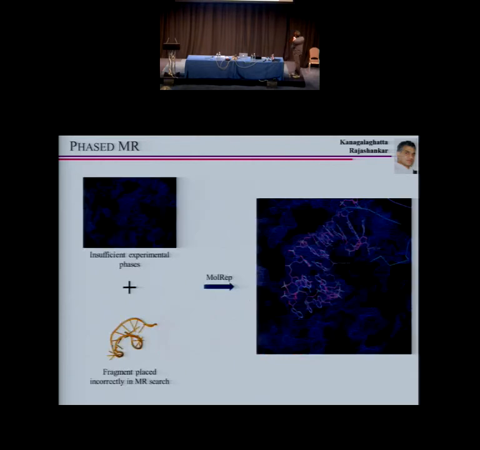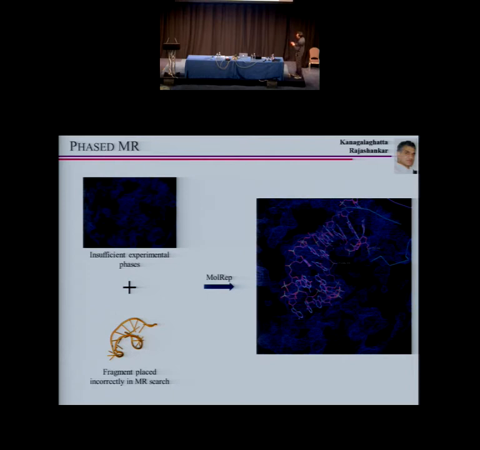And indeed, in collaboration with Raj, an excellent beamline scientist at APS Chicago, where we collect all of our diffraction data, we tested this, and by using MOLREP, we were able to correctly position domain 2, at least, of group 2 intron into the electron density by using preliminary, not good enough, experimental phases.